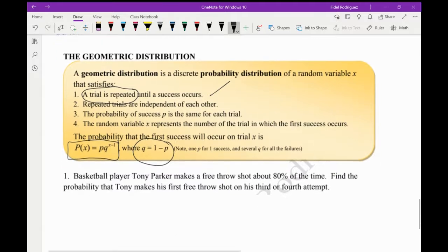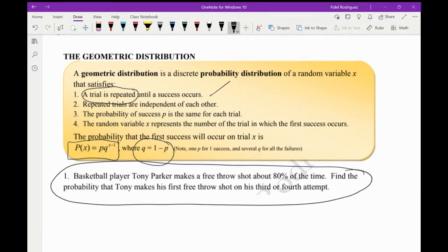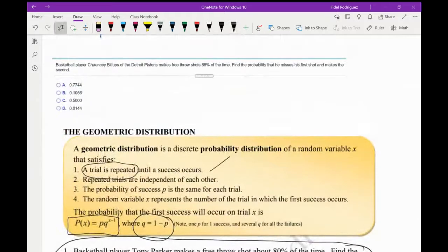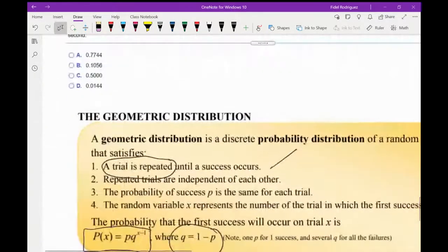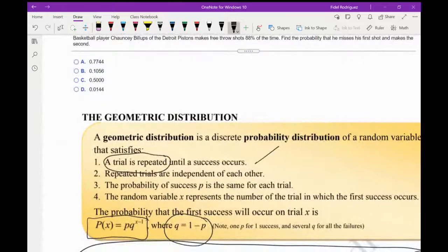So here's my first example. I want you to notice that this problem is real similar to this one here. The way I'm going to do this is use this formula: P of X is equal to p times q to the power x minus 1. p is the probability that we're going to succeed.